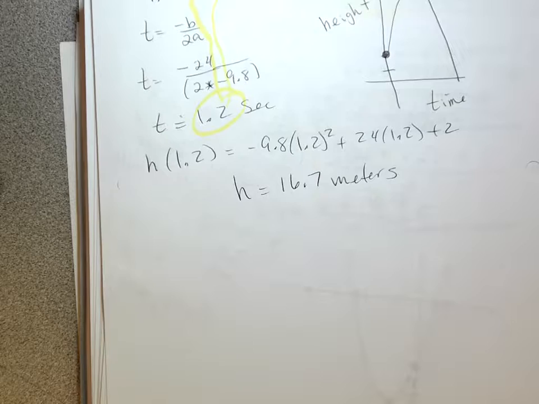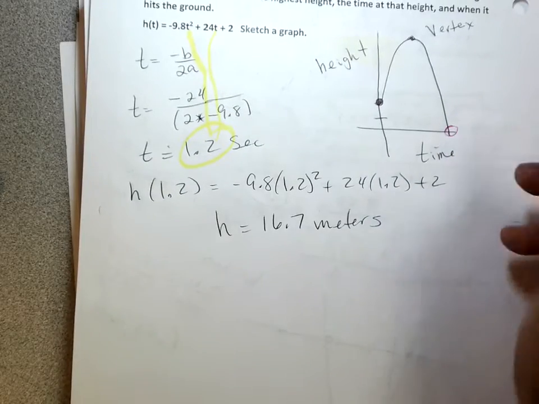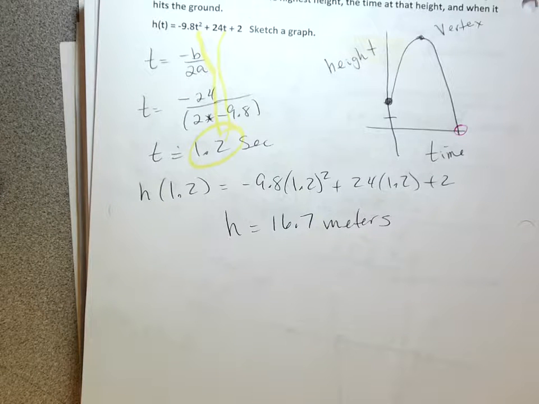Okay. So, let me ask you an easy question. Easy question. When it hits the ground, what's its height? 0. So set the height equal to 0, right?